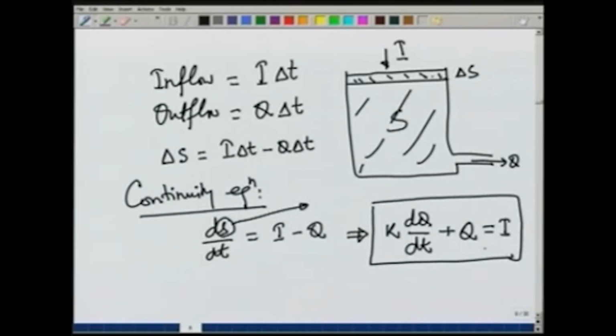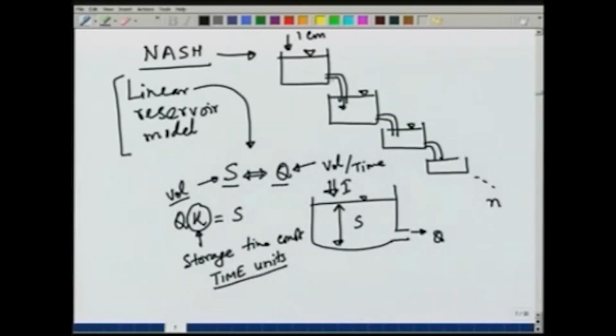Therefore, it can be easily solved to get the value of Q in terms of I. Once we get the outflow from one reservoir, that outflow, let us call it Q1, becomes the inflow for the second reservoir. So, I2 is equivalent to Q1. Similarly, once we get Q2, it will become the inflow for the third reservoir. So, I3 will be equivalent to Q2 and so on.